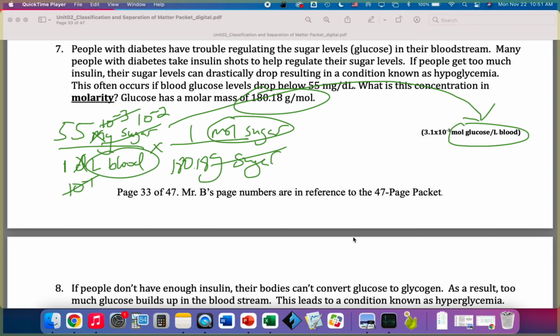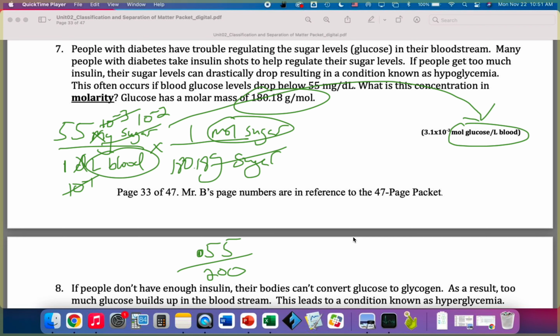So 55 times 10 to the negative 2 would be 0.55 divided by 180. That's pretty close to 200. So 0.55 divided by 2 would be basically 0.25-ish, maybe 0.3.